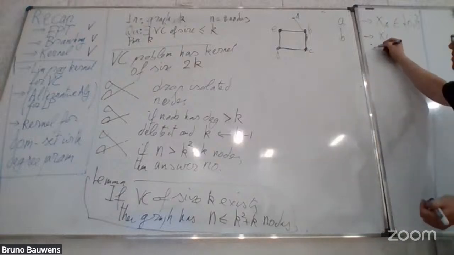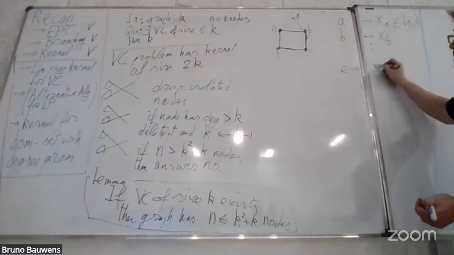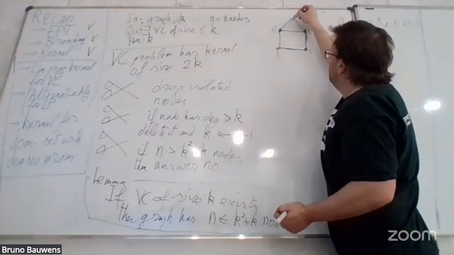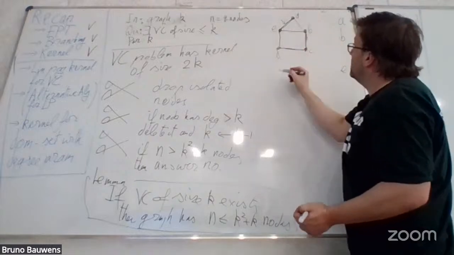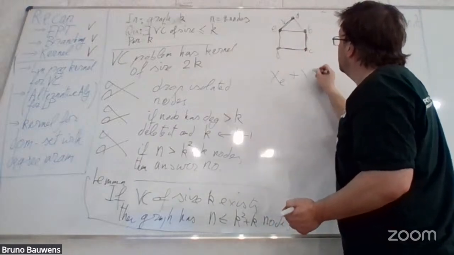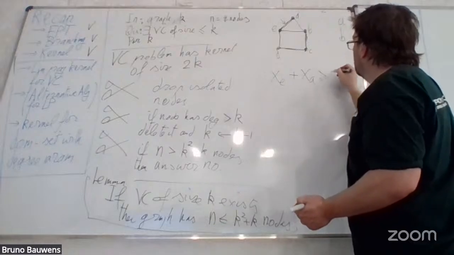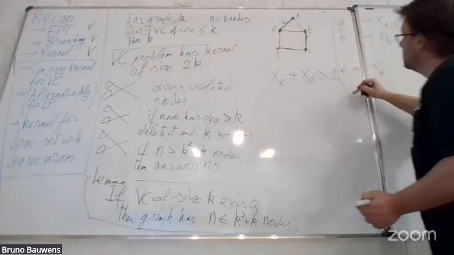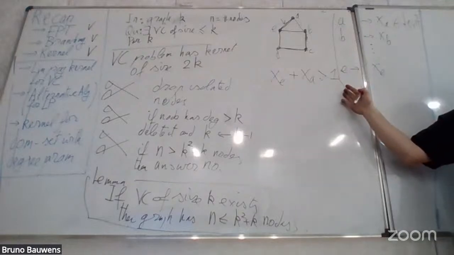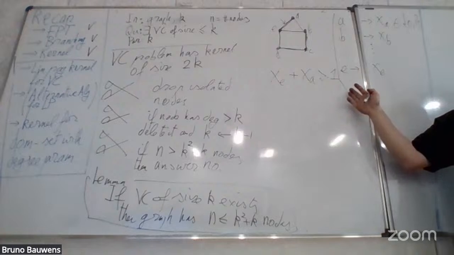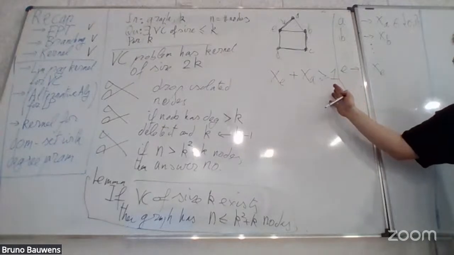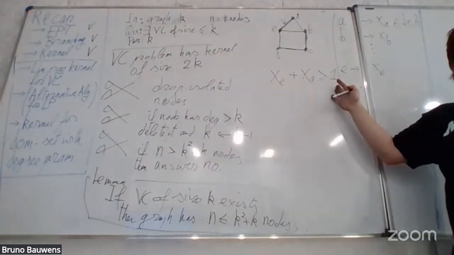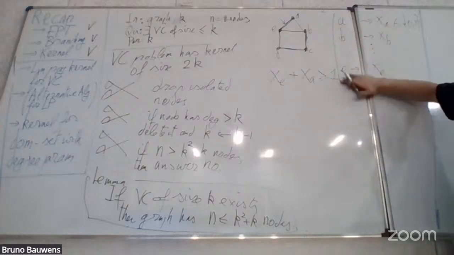We need that every edge has at least one endpoint in the vertex cover. So if we think about this edge, we need that Xe plus Xa is at least 1. This is a linear inequality. Anyway, these solvers want inequalities, and they check whether there is an integer solution. Or we think about a binary solution.